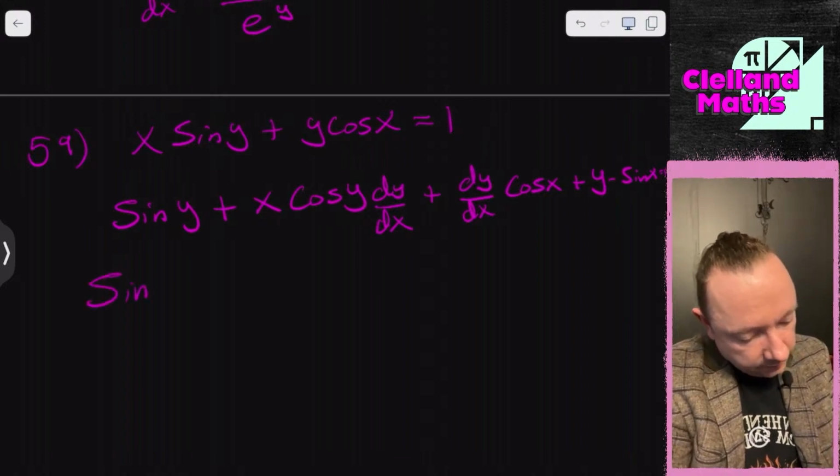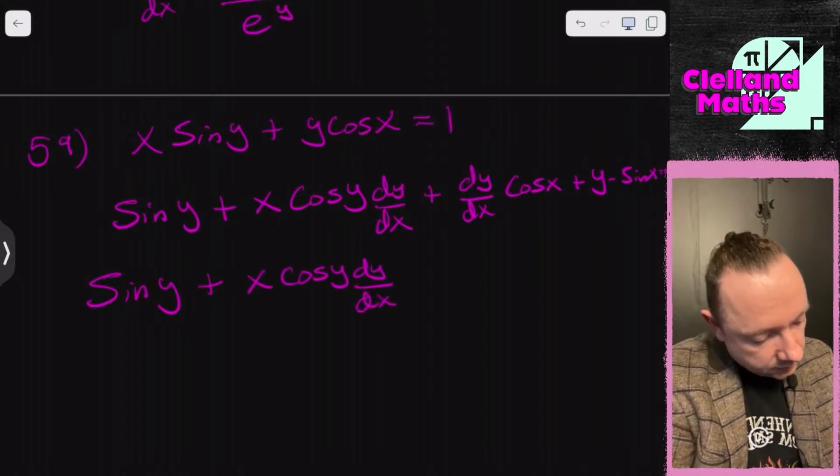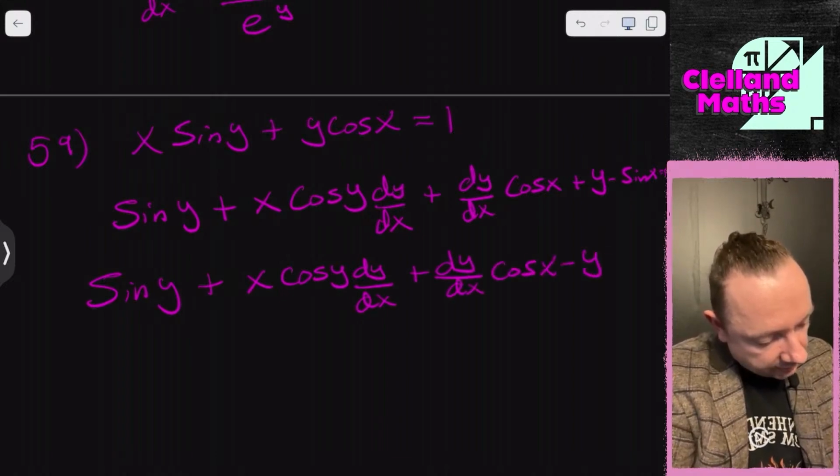So sine y plus x cos y dy by dx, plus dy by dx cos x, minus y sine x.